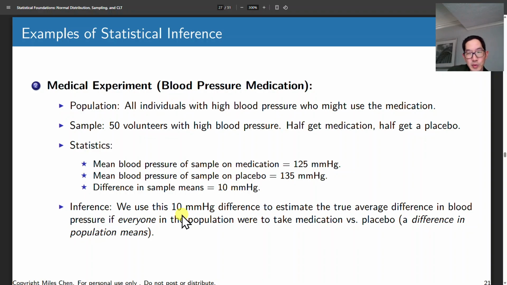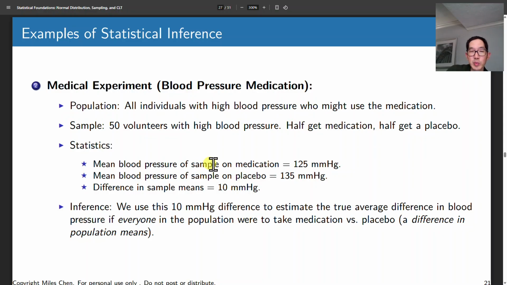Another example is a pharmaceutical company trying to create blood pressure medication. The population here would be everybody with high blood pressure who might use this medication, and you get data from a sample, say 50 volunteers who have high blood pressure. Half of the people get medication, half get placebo. You calculate statistics based on your sample.